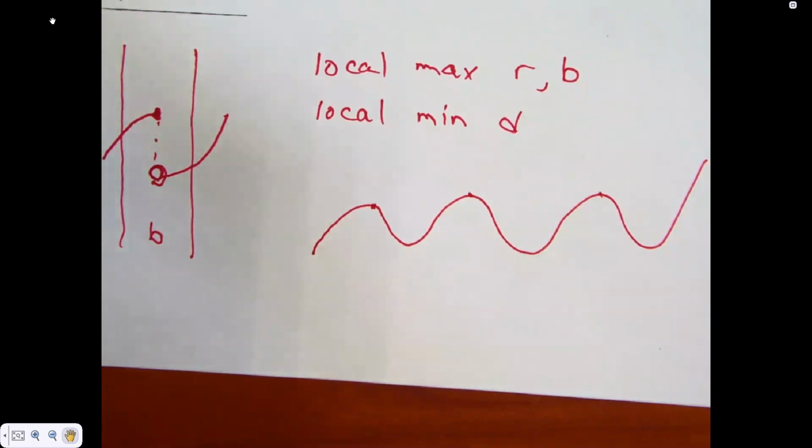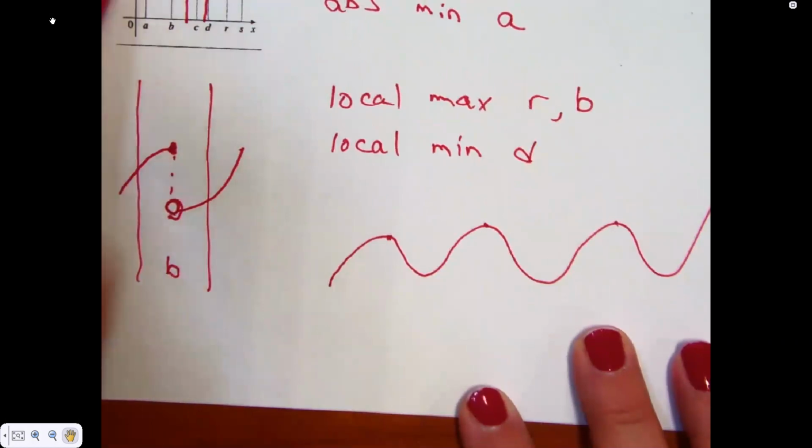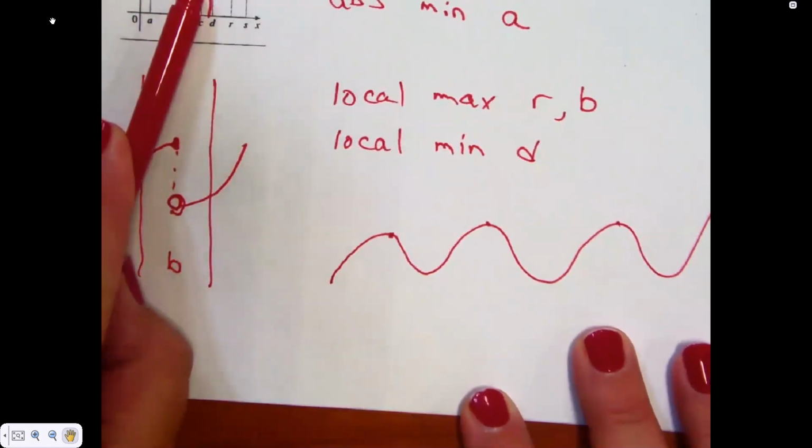And then every time it changes direction at the bottom, it's considered a local min. Okay. Don't overthink it, but I totally get that they kind of force you to overthink it, right? Okay. All right, let's take a look at some more critical numbers.